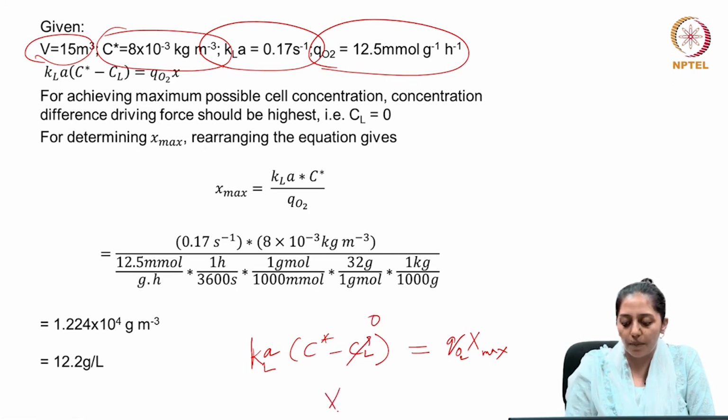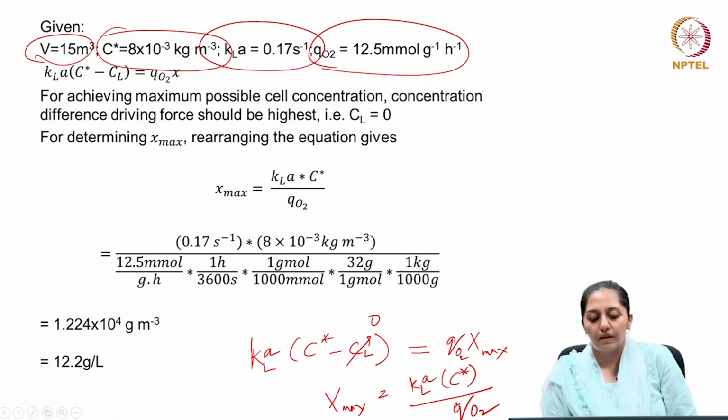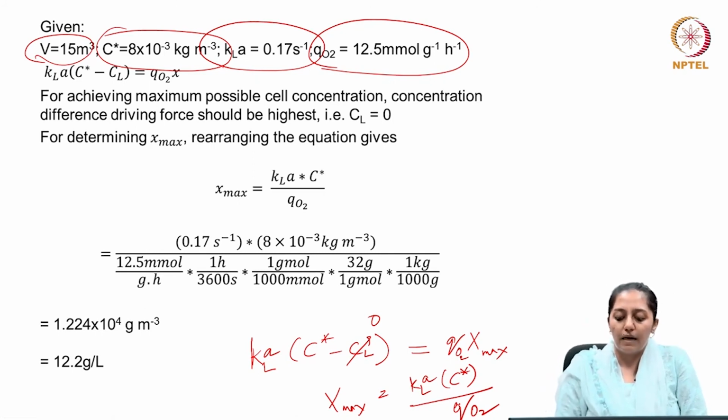So, your maximum biomass which can be supported can be given as follows. So, this is what has been done here.